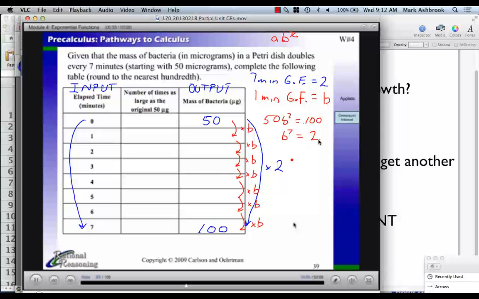Which is 2. Well, that makes sense because we already knew that, because multiplying by b 7 times is equivalent to doubling 50, multiplying by 2. So that should make perfect sense. And so now we can get b. How do we solve for b there? We're going to take the 7th root of each side, so take both sides to the 1/7. And that is our 1 minute growth factor.